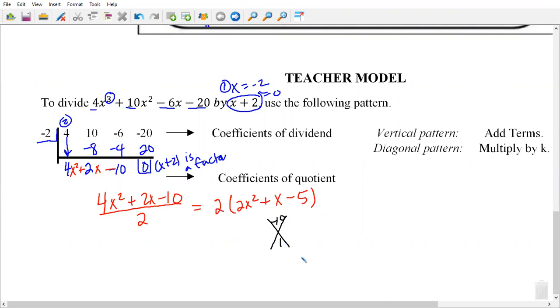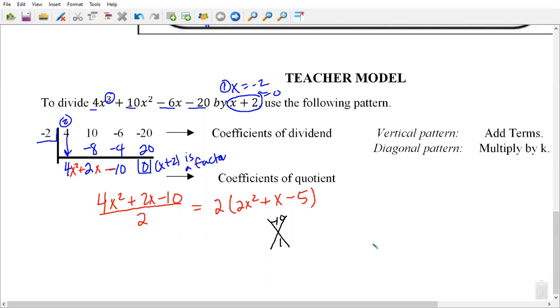Are there any factors that will multiply to give me -10 but add to give me 1? My choices are only 10 and 1 and 2 and 5. And there's no way that that's going to work, right? So that means that this is done factoring.